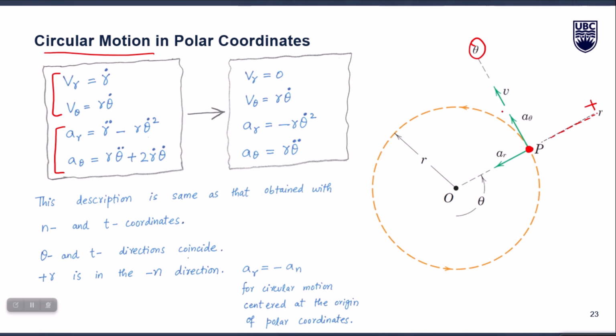This can be confirmed mathematically also, because we know that the r component of velocity in polar coordinates is r dot, which becomes 0. So velocity in a circular motion case will only have the theta component. It won't have any r component, right? So v sub r will always be 0 in circular motion, while there will be some v theta, and that will be equal to r times theta dot.